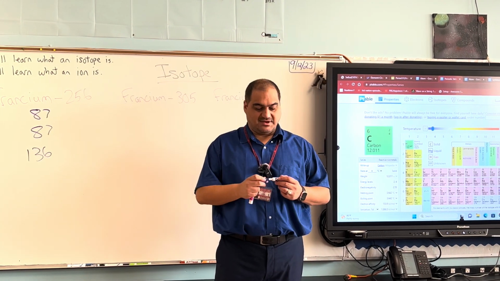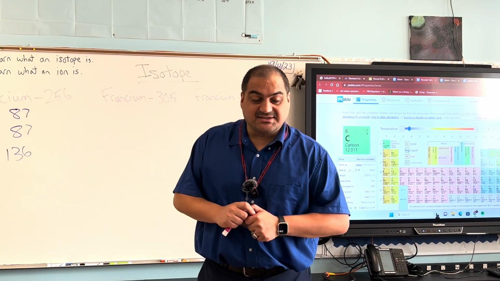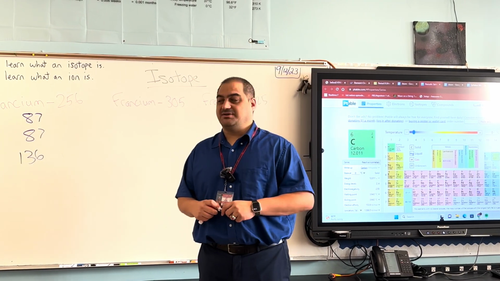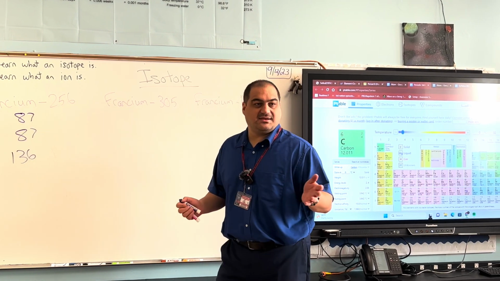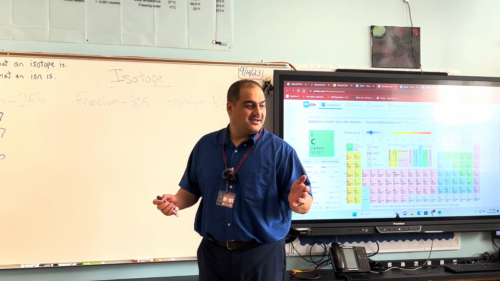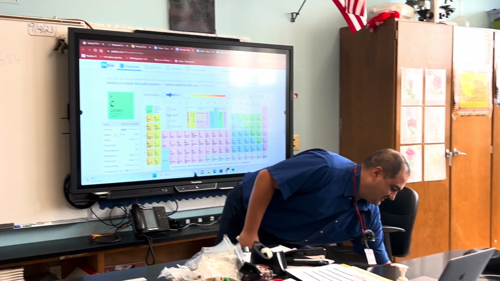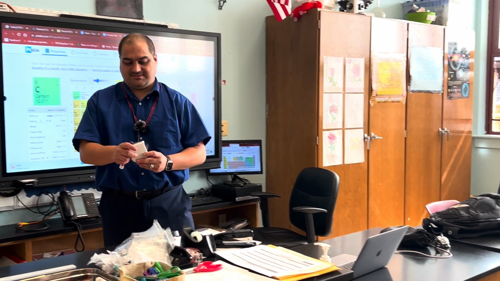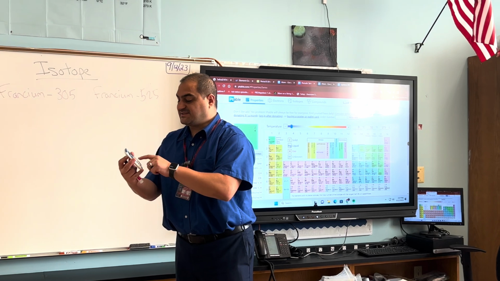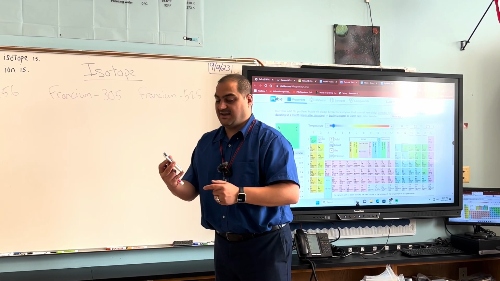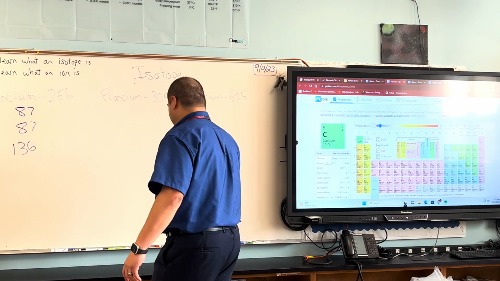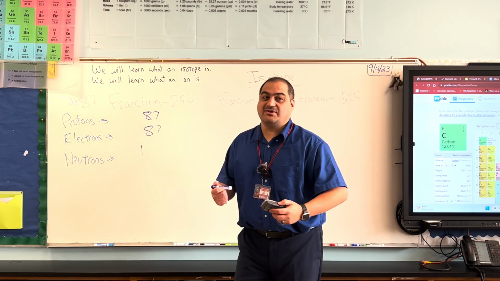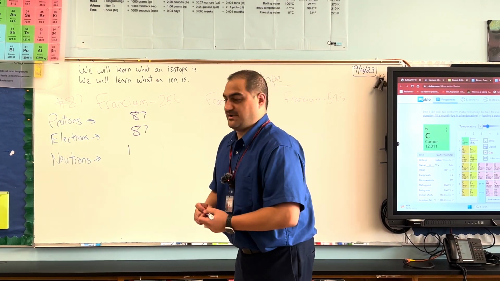I got 169. Hold up. 256 minus 87 is 169. So 169. Gloria, you might need to buy a new calculator, because I don't think that one works that well.